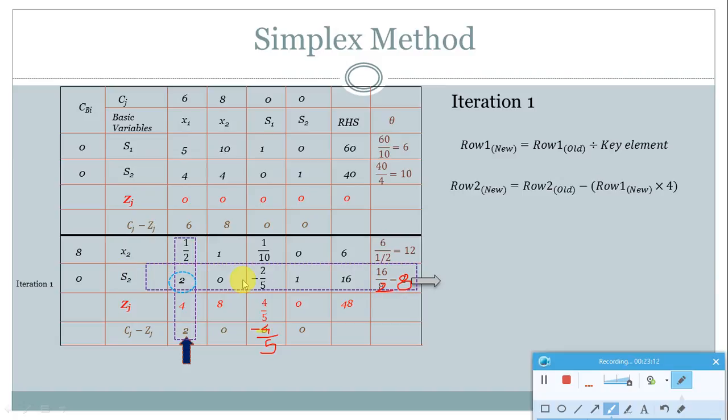So s2 will be replaced by the decision variable x1 for iteration 2. So let's move towards iteration 2.